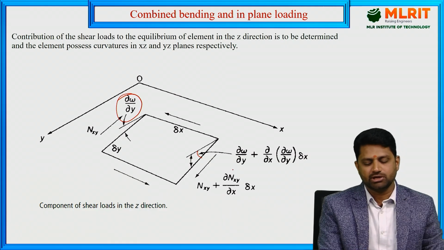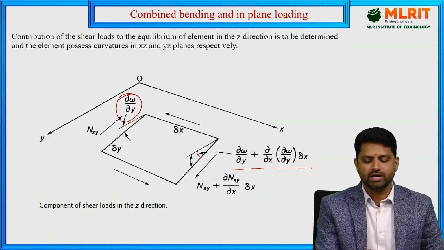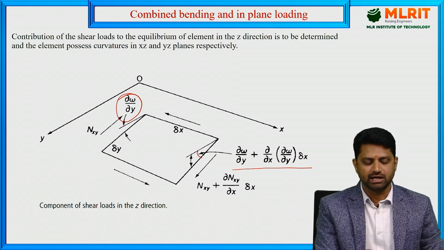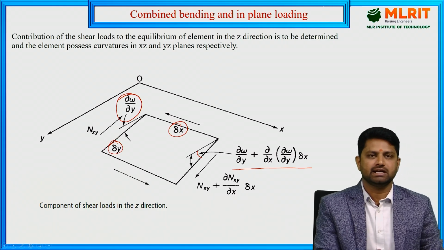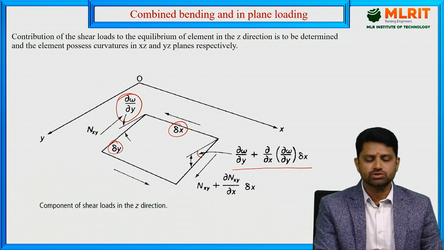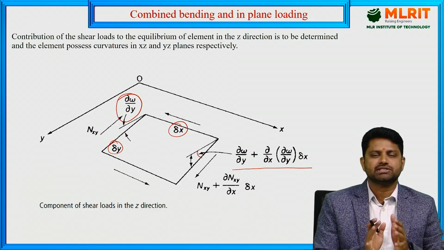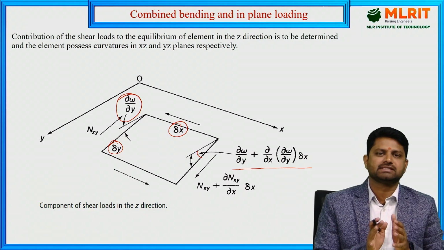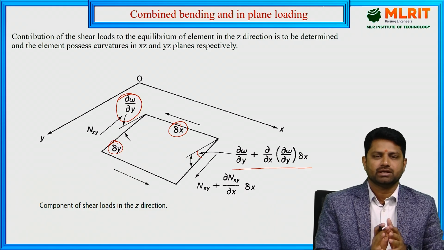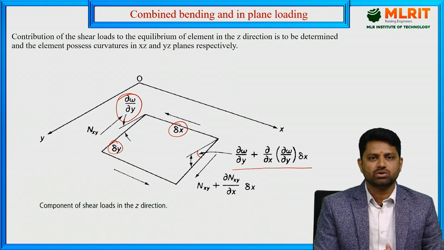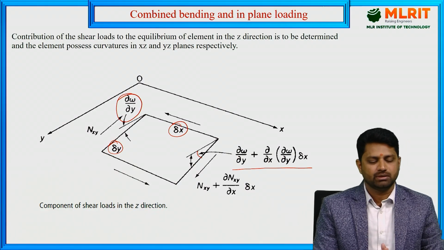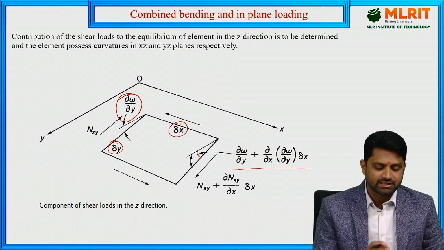That is dou w by dou y plus dou by dou x of dou w by dou y into delta x, and you can observe the edge lengths also, delta x and delta y. Now in this diagram we are trying to take only Nxy, the Nxy contribution as additional in-plane load for the plate. So here we are just considering Nxy.